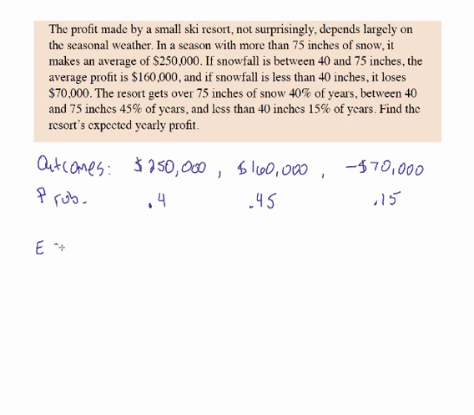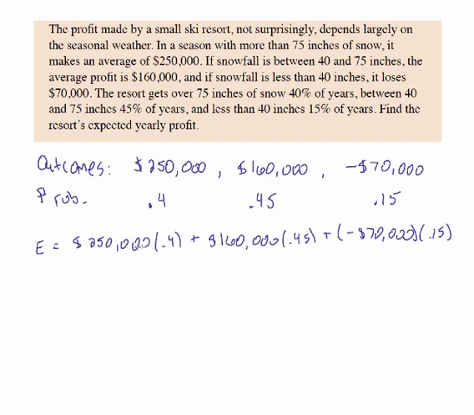Now I'm all set up for my expected value computation, where I take each numeric outcome and multiply by its probability. So I get 250,000 times 0.4 plus 160,000 times 0.45 plus negative 70,000 times 0.15.